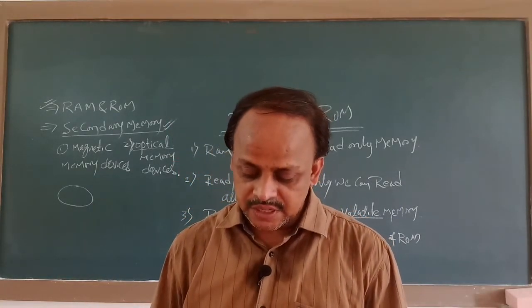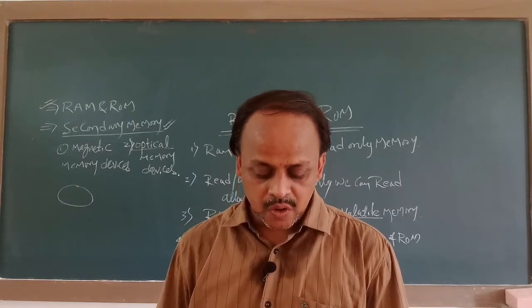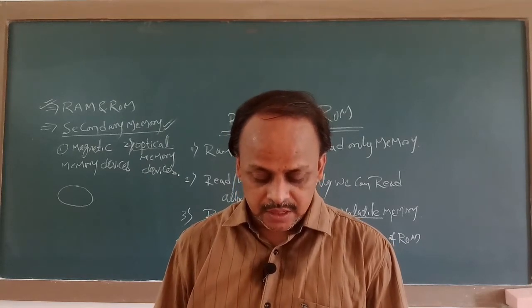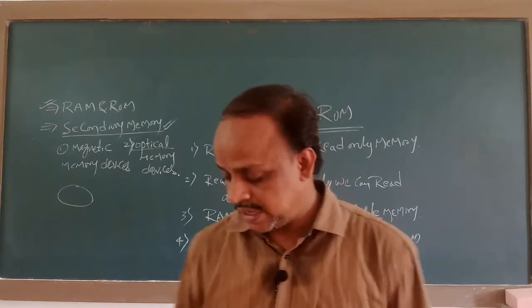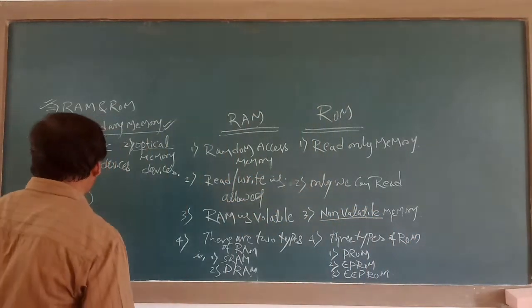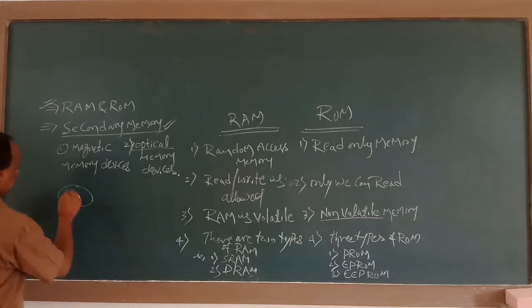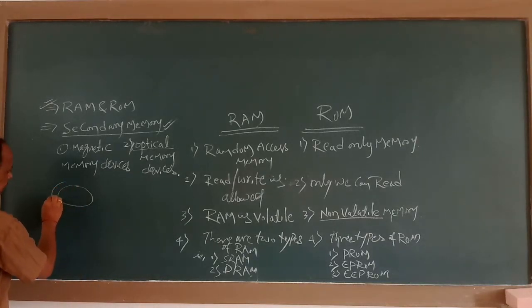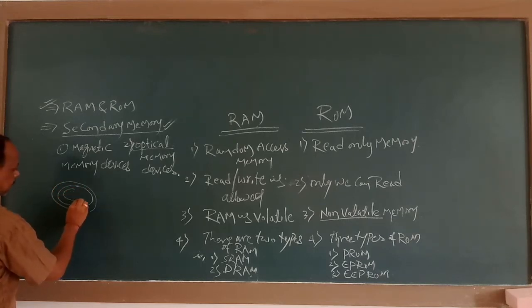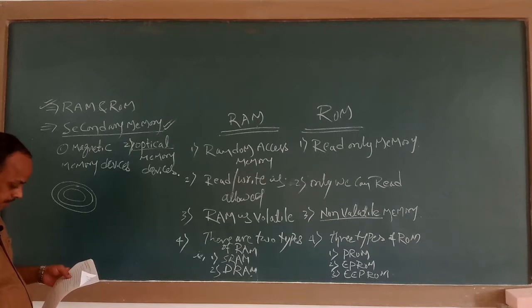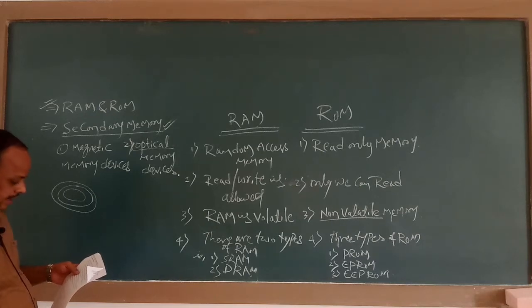They are in the form of a number of circles, and the surface is further divided into a number of invisible concentric circles called tracks.